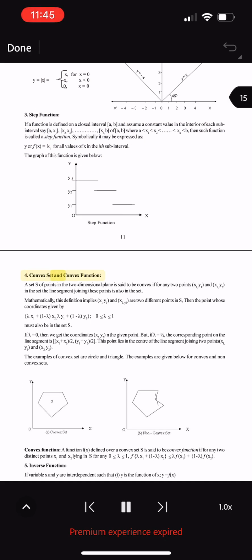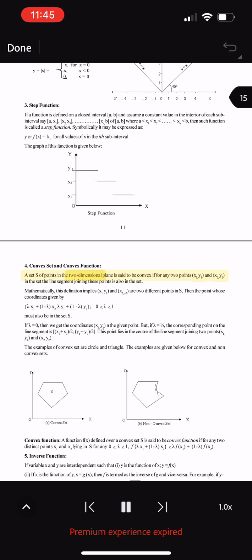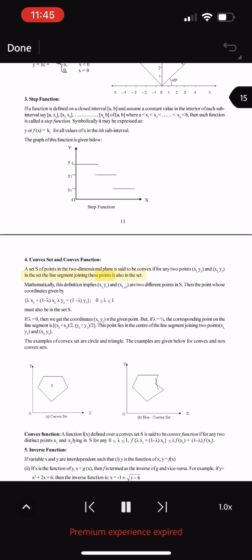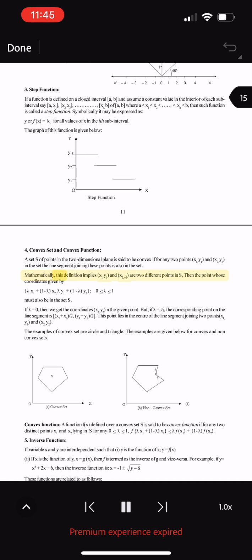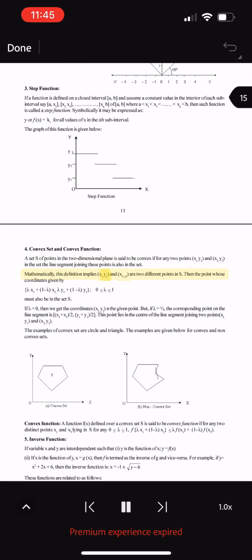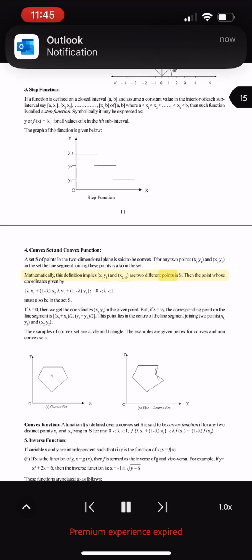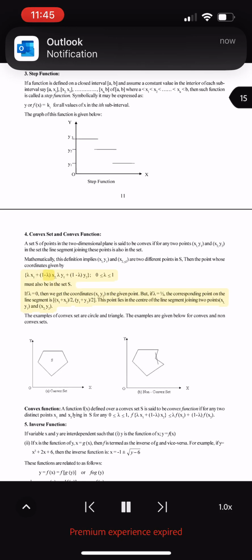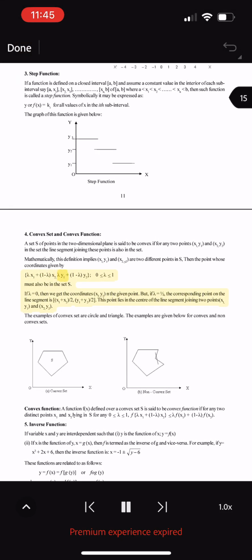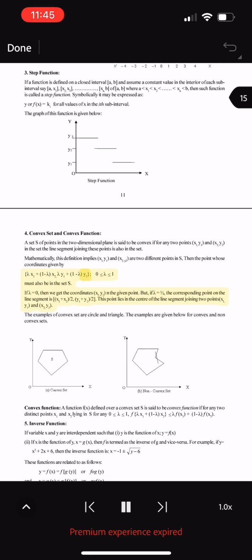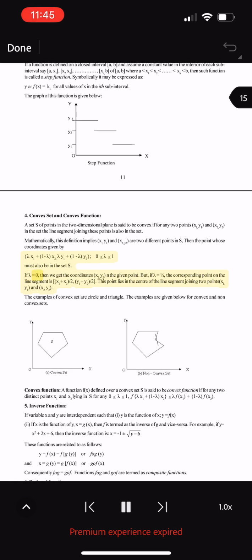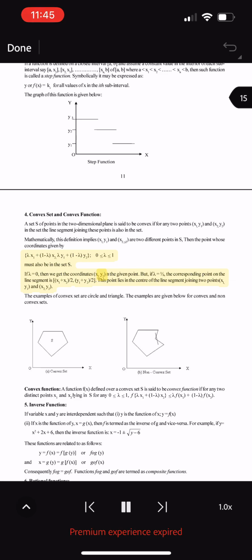Convex set and convex function. A set S of points in the two-dimensional plane is said to be convex if for any two points (x1, y1) and (x2, y2) in the set, the line segment joining these points is also in the set. Mathematically, this definition implies that if (x1, y1) and (x2, y2) are two different points in S, then the point whose coordinates are given by lambda x1 plus (1 minus lambda) x2, lambda y1 plus (1 minus lambda) y2, with 0 less than or equal to lambda less than or equal to 1, must also be in the set S. If lambda equals 0, then we get the coordinates (x2, y2), the given point.